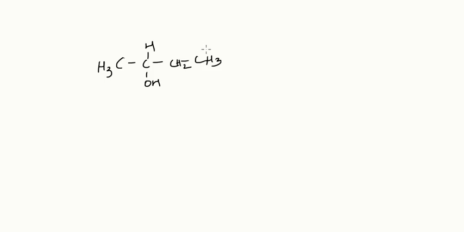The first step is that we would be selecting the longest chain, and then we would be directly numbering it. So we would not be selecting this numbering system, as on this the alcohol rests on the third one, and on this the alcohol would come on the second one. So we will be selecting this numbering system.